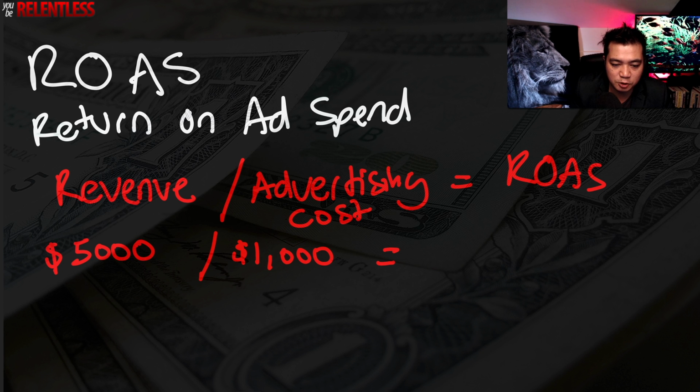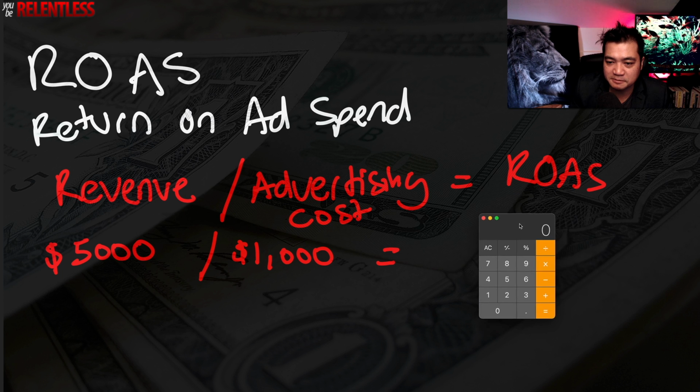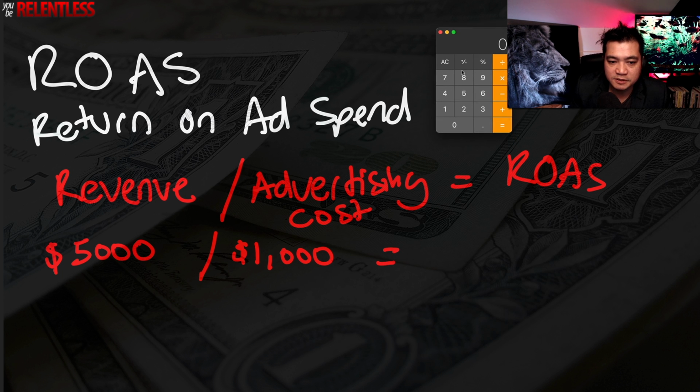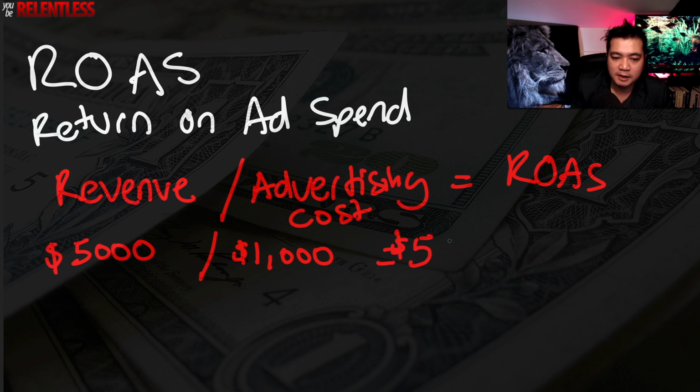You can probably do this off the top of your head anyway, but just for demonstration purposes. So I did 5,000, divide that by 1,000. Easy, is equal to 5. What does this mean?